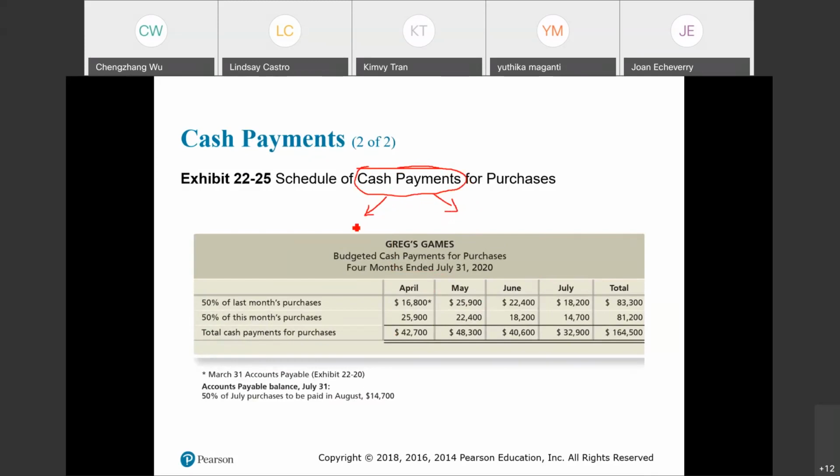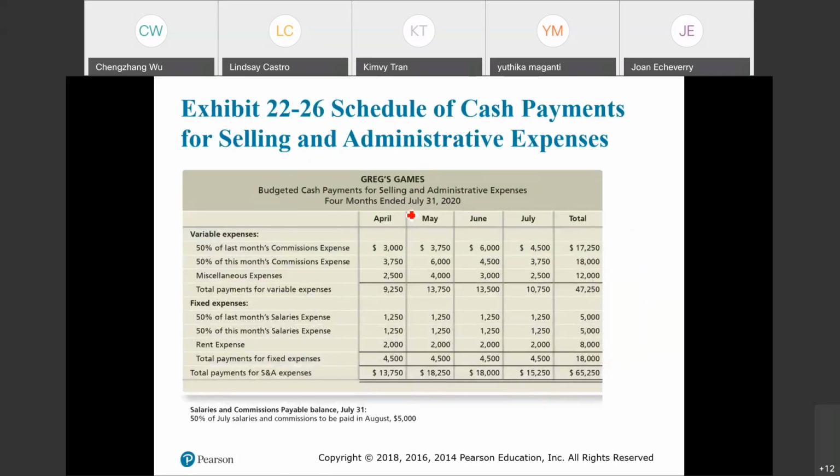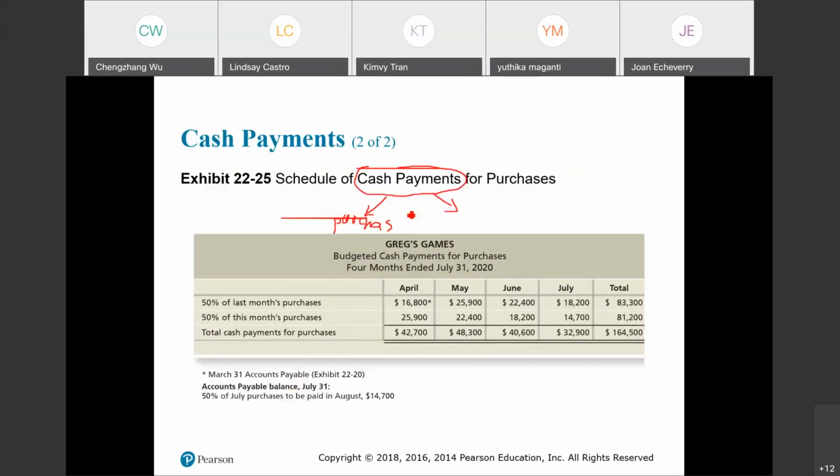One outflow is for purchase of merchandising inventory. And another outflow is here, selling and administrative expenses.